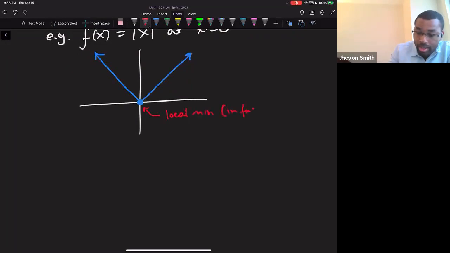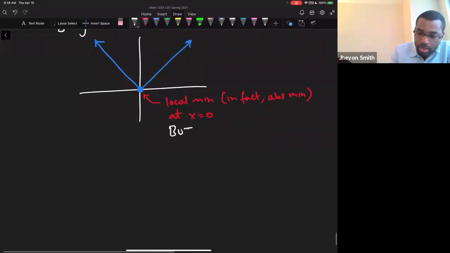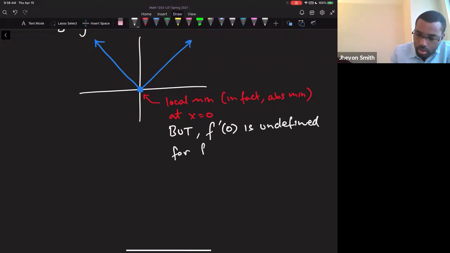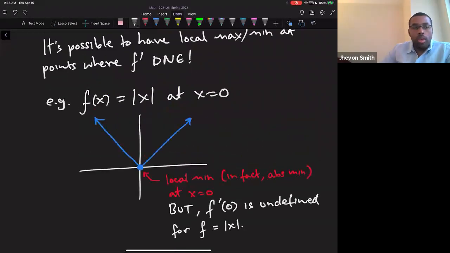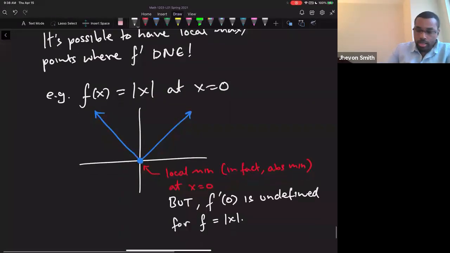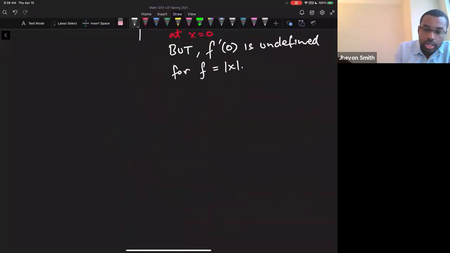In fact, it's an absolute min at x equals 0. But f prime of 0 is undefined for this function. It's a sharp corner. Okay. But Fermat's theorem actually does something good for us. It kind of indicates what points we should care about.